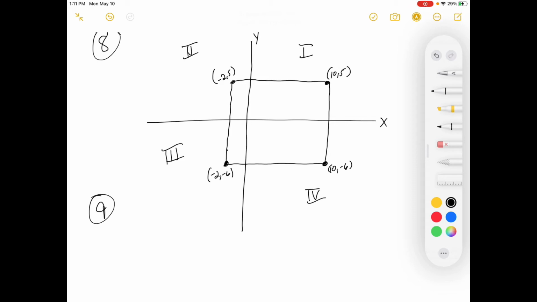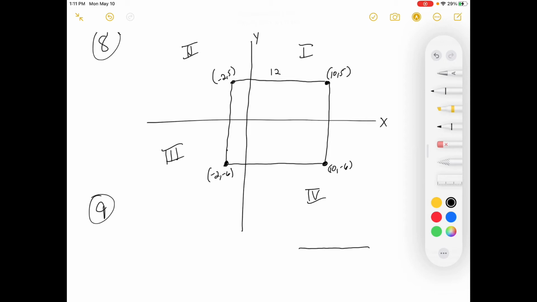And so what we've got to do on these, we've got to find our total area of the rectangle, and we'll put that on the bottom. So this is a rectangle, length times width is how we'll find this area. So if we look at the top, if we go from -2 to 10, that's a distance of 12.